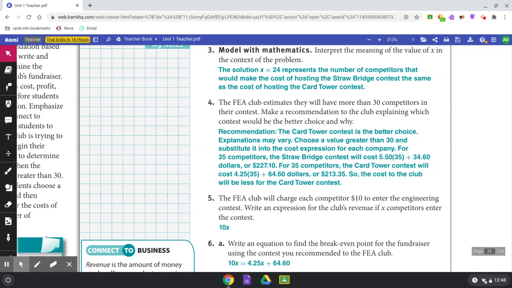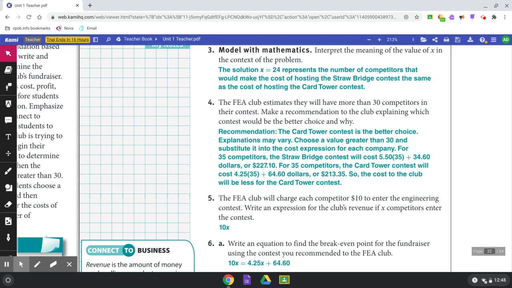And the reason being is that if you look at the explanation here, choose a value greater than 30. So you may choose any value greater than 30. Say there was 31 competitors, or you can take the easy road and do an even number, 50 or even 100. A lot of people like to substitute in the value of 100 because it's easy.